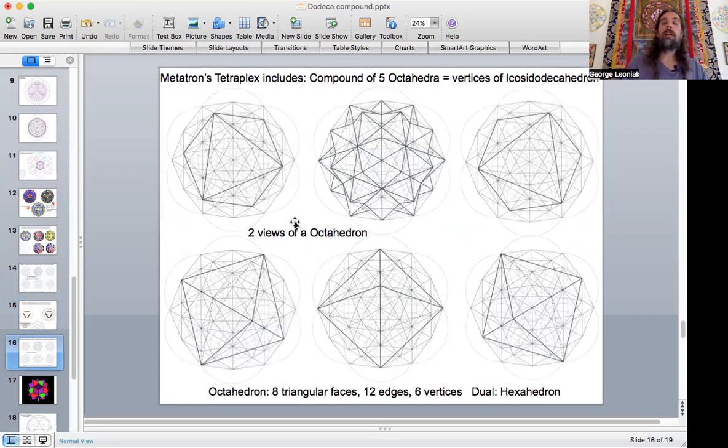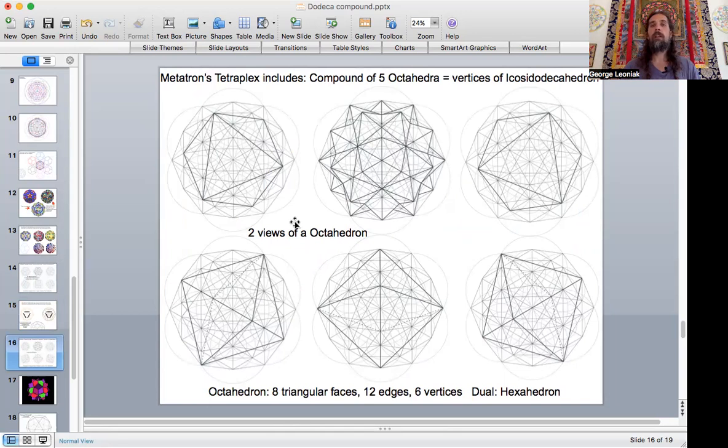And so this Icosa dodecahedron, let's explain what this is, because we need to look at the vertices that are created for that. There are 30 vertices in there. And this is still part of Metatron's tetraplex drawing. So I really recommend checking out that video.